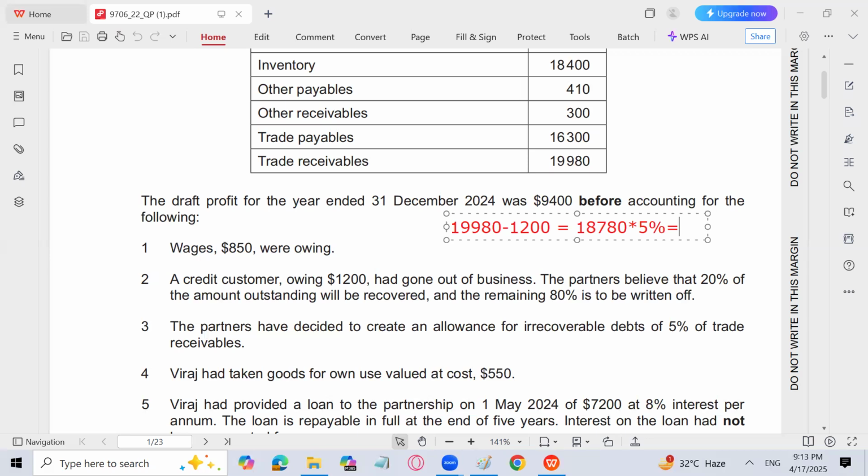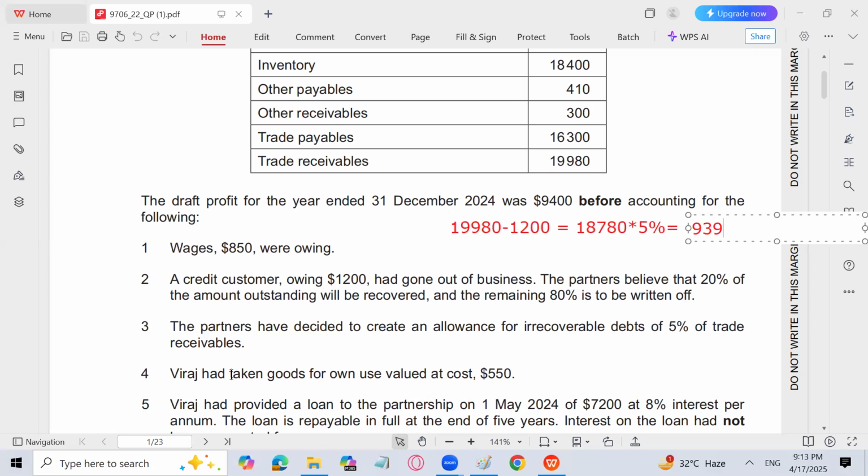That is going to be 939. Yes, that's the right answer. So 939 is the provision for doubtful debts. There is no provision available in the above data given, so we have to increase the provision by the whole 939.